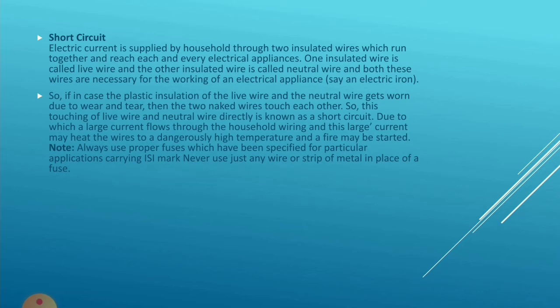So if the plastic insulation of the live wire and neutral wire gets worn due to wear and tear, then the two naked wires touch each other. This touching of live wire and neutral wire directly is known as a short circuit, due to which a large current flows through the household wiring, and this large current may heat the wires to a dangerously high temperature and fire may be started. Note: always use proper fuses which have been specified for particular appliances carrying the ISI mark.